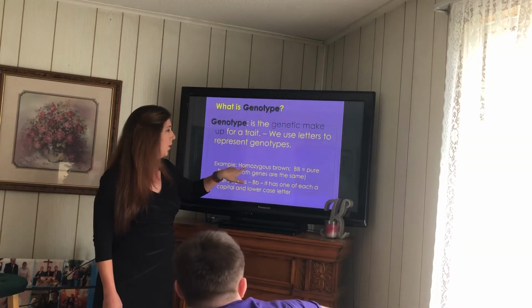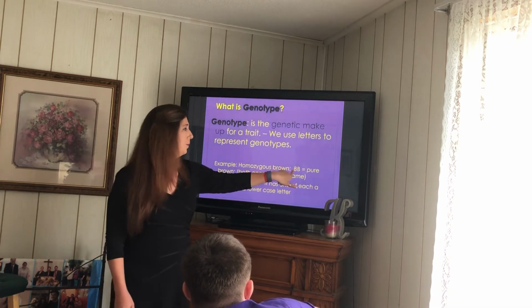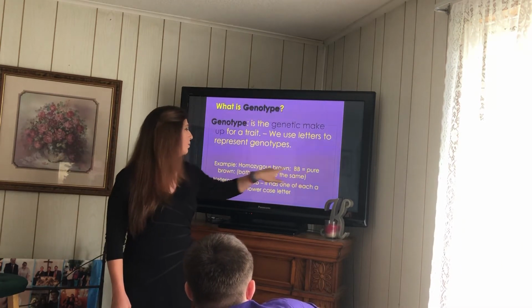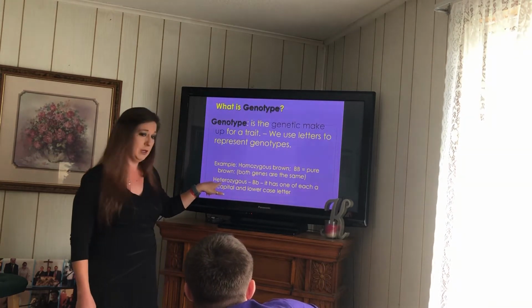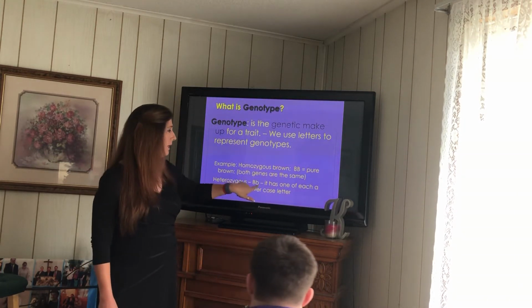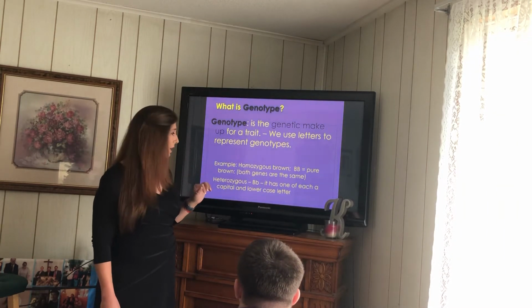homozygous brown. Homo means same. So it's big B, big B. So it's pure brown. Both genes are the same. Hetero, different: big B, little b. It means it has one capital letter and one lowercase letter.